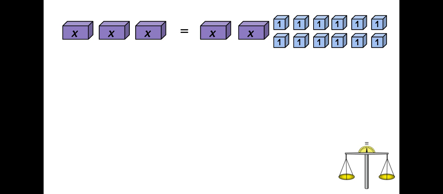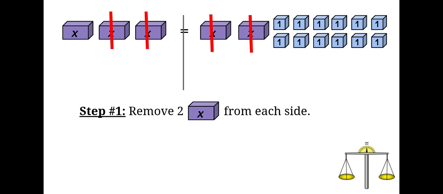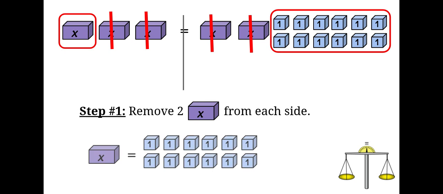If I gave you this visual like a puzzle and I asked you to solve for x, think about it. And what you would likely do is balance it by taking two of these x boxes out of the situation. And with that one move, you're left with x being equal to 12.